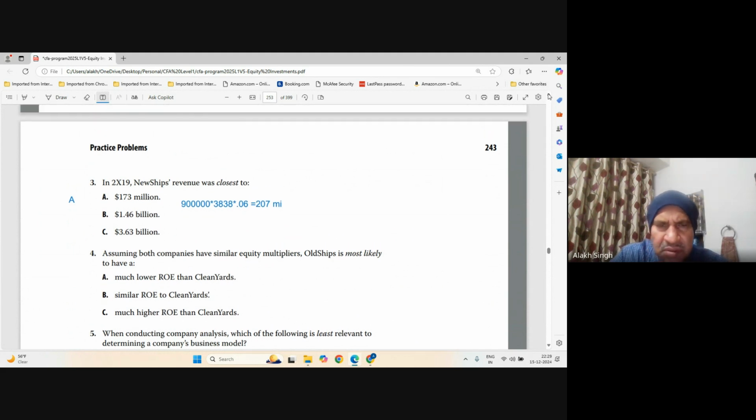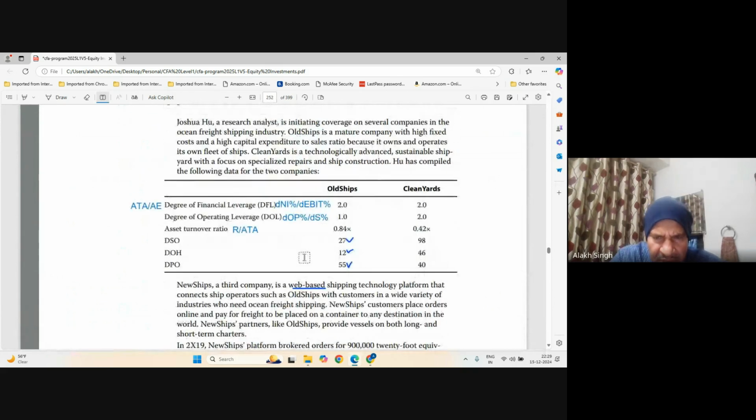These ratios, the ones below 1, are better. So old ships will have much higher ratios because it is not paying money to the suppliers and is receiving cash quickly. So definitely it will have much higher revenue.